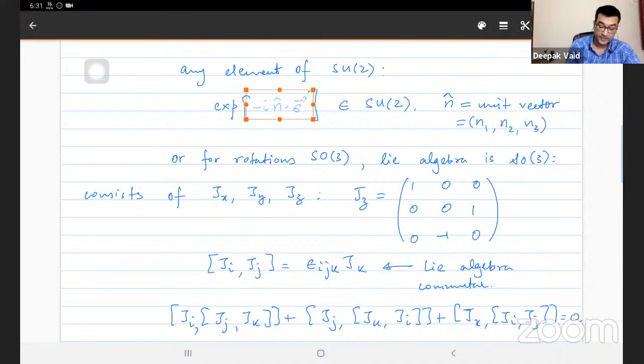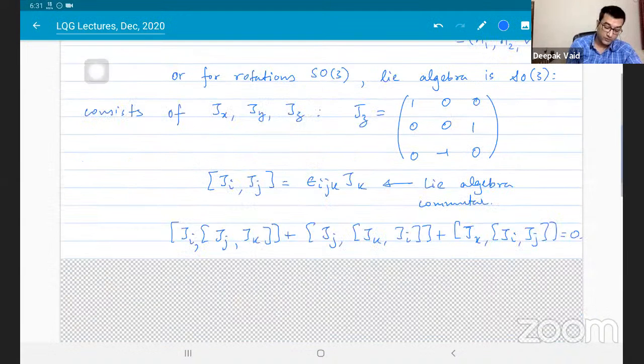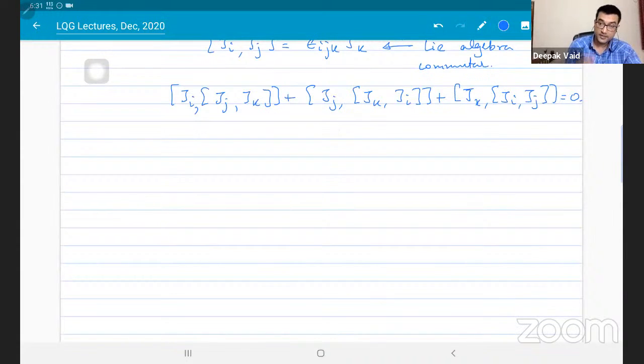And we want to be able to write that linear combination as an integral. So then what should be the form of our gauge connection?